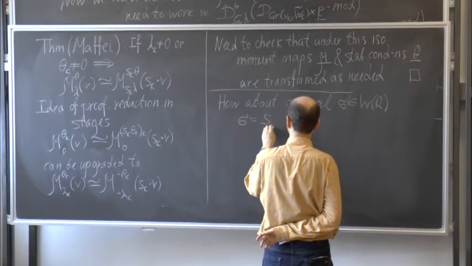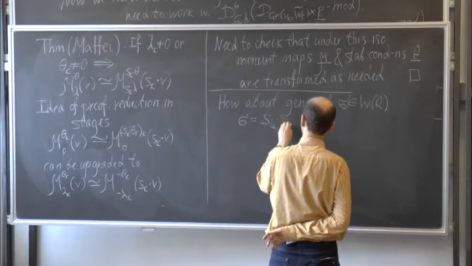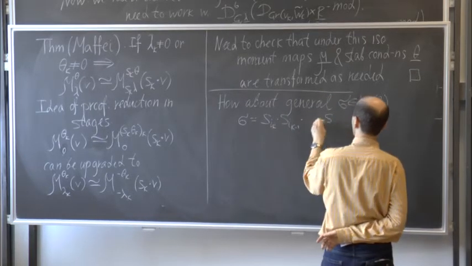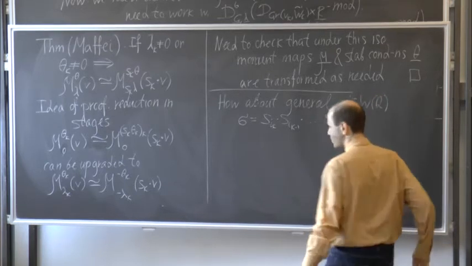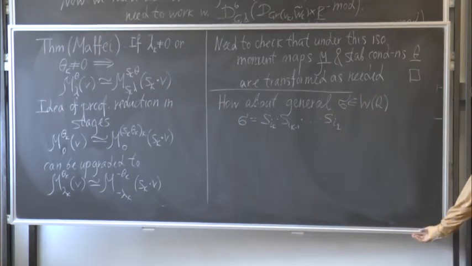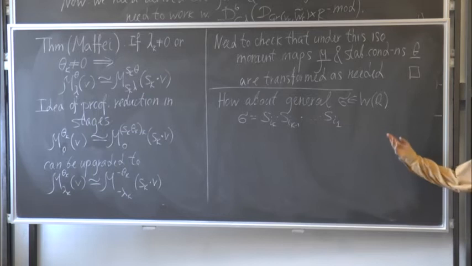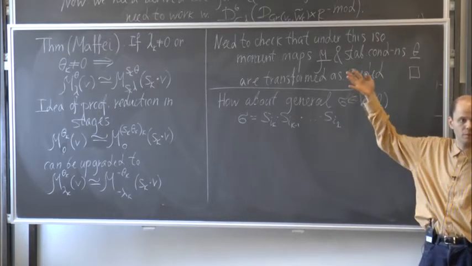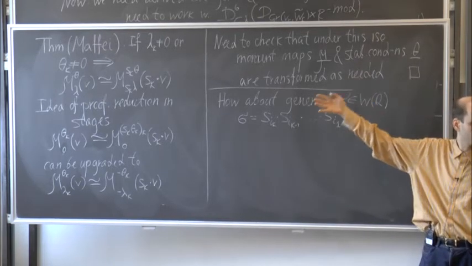So I take some reduced decomposition, this one is I1. And then I can start applying the simple reflections and corresponding isomorphisms to my data: dimension vectors, stability conditions, and levels.